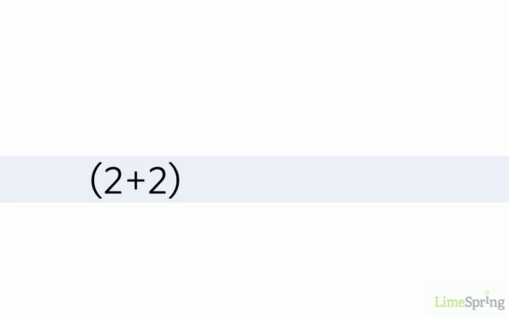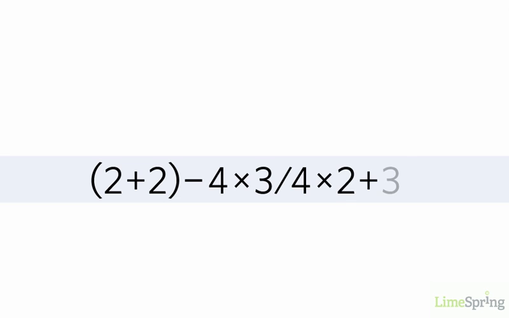Here's the problem. Simplify the expression, the quantity of 2 plus 2 minus 4 times 3 divided by 4 times 2 plus 3 squared. This one tests all of our steps, and it looks tough, but as we have done in the past two examples, let's attack it one step at a time.